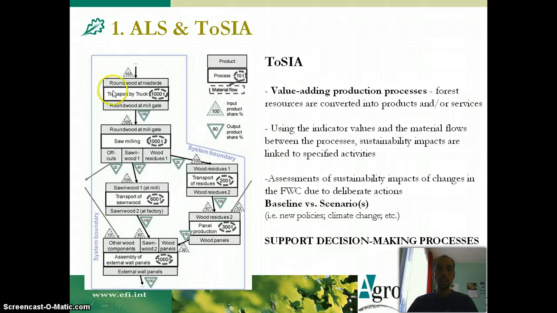These chains consist of different processes that present both inputs and outputs, and they are also connected through different material flows. So TOSIA is using these indicator values and these material flows to evaluate sustainability impacts.